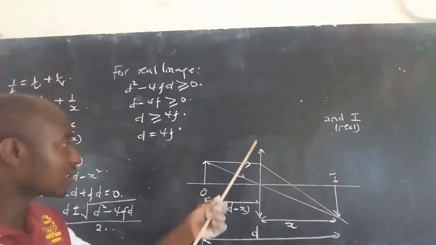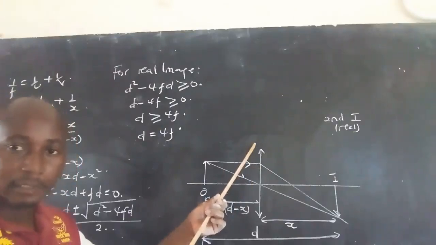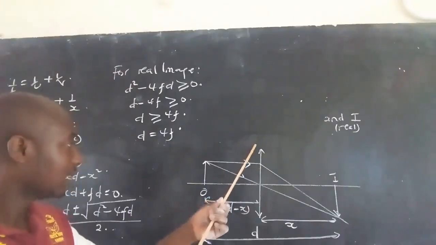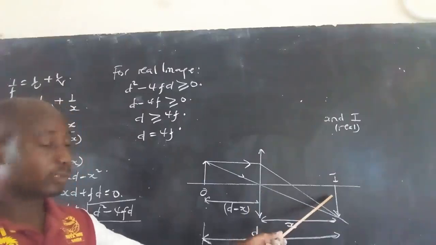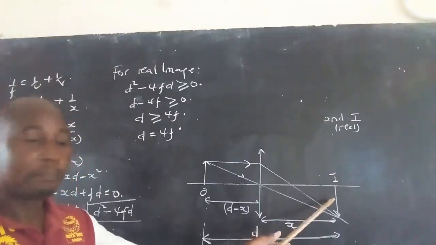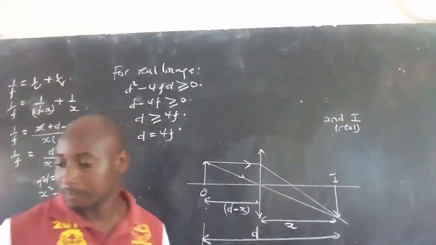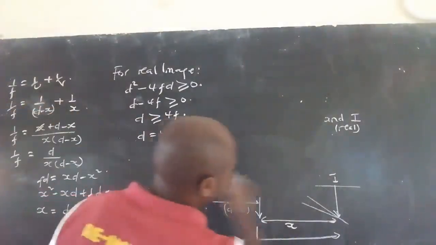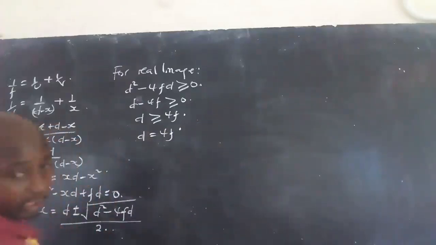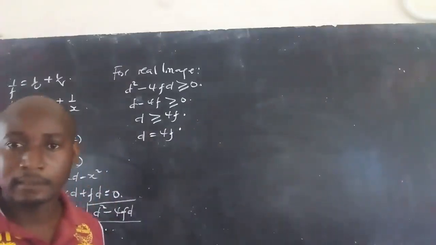If the lens is of focal length 10, that means the distance between this and this should be 4 times 10, that's 40. Should you place them at a distance below 40, then you will not get a real image.